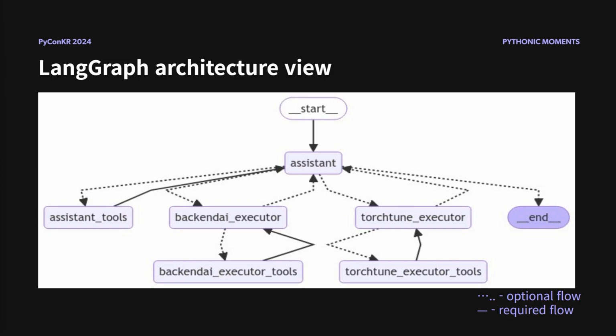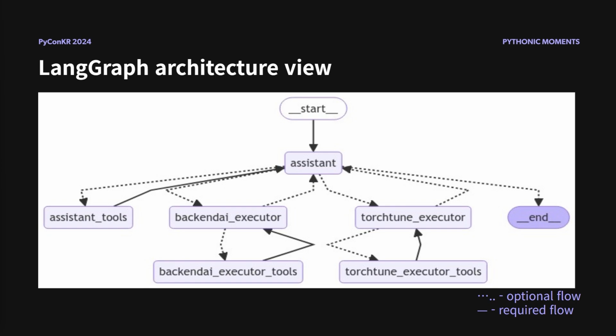The Backend AI executor has direct control over the Backend AI, handling commands and managing sessions. It uses backend-specific tools to execute tasks like resource allocation or container management. Similar to it, the TorchTune executor manages tasks related to model fine-tuning using TorchTune tools.